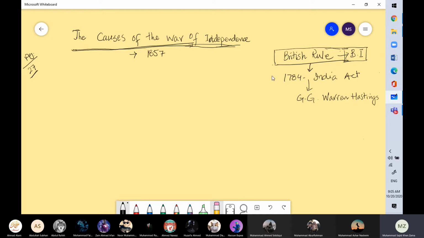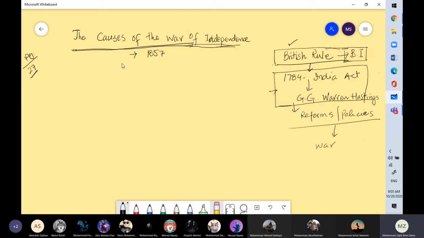And we discussed that in this period, when the British were expanding in India, the areas which were under their control or coming under their control, they introduced their laws, and this is one example of a law, as I told you here. Then they continued to introduce reforms or policies in the India controlled by them, and these reforms or policies basically resulted in the war by the Indians.